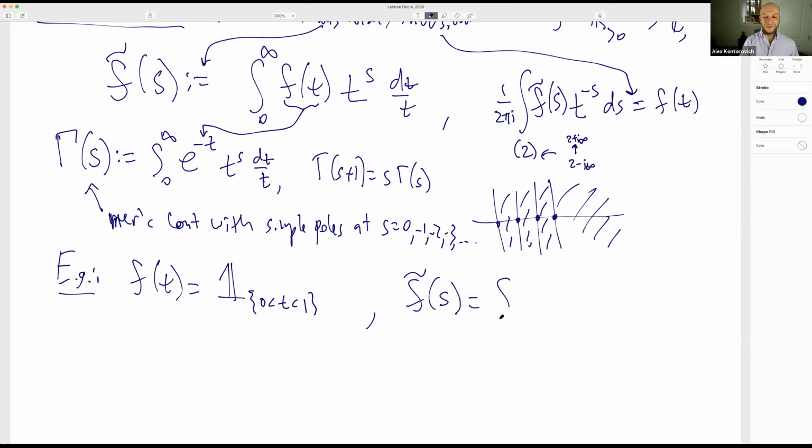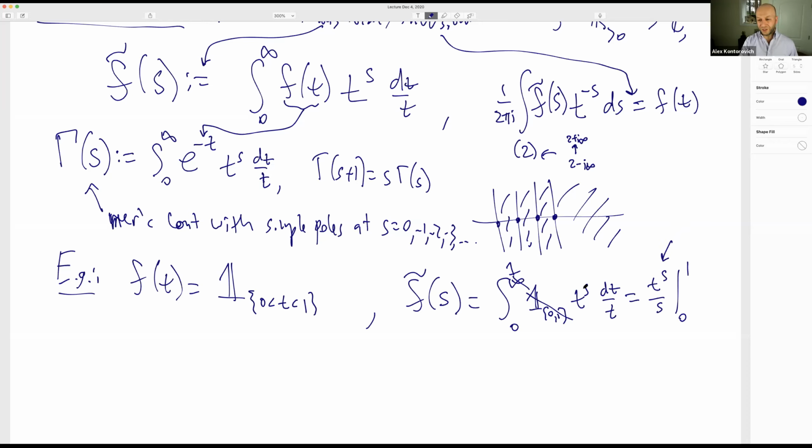Well, you integrate from 0 to infinity the indicator function of 0, 1, t to the s, dt over t. This is just the same thing as cutting the integral to go from 0 to 1. And t to the s minus 1, I know how to integrate that. That's t to the s over s, evaluated from 0 to 1, only if it converges.